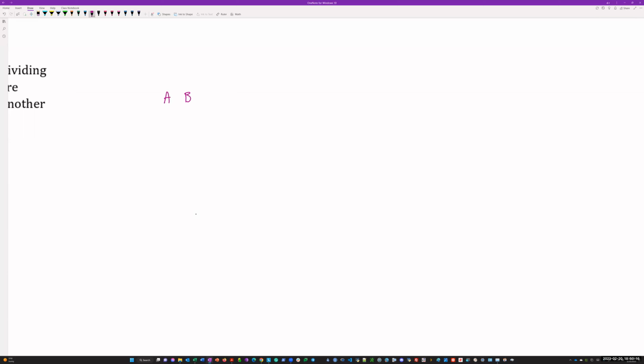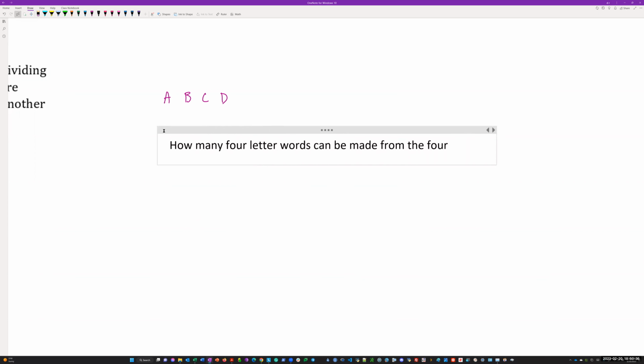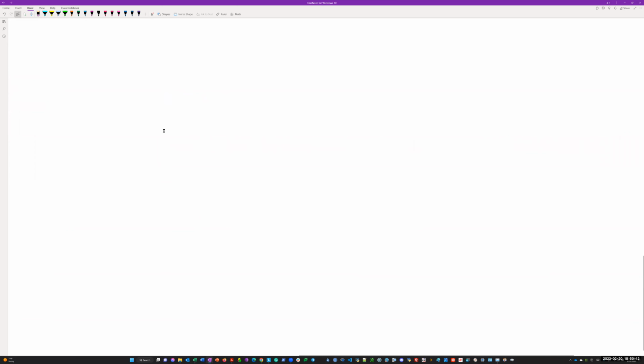So if we have, let's say, A, B, C, D, how many different ways are there to pick each one of these letters one time and make a 4-letter word? So in other words, I have 4 letters here. How many 4-letter words can be made from the 4 letters, given each letter is selected only once?